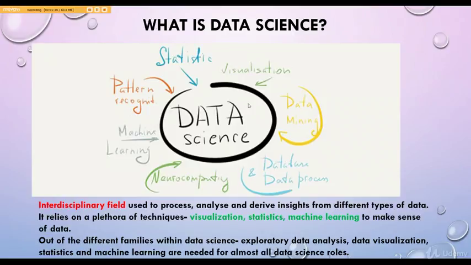So data science is a sum of a lot of parts and it is a massively interdisciplinary field. So there's no one discipline or field which can claim to be the whole of data science.